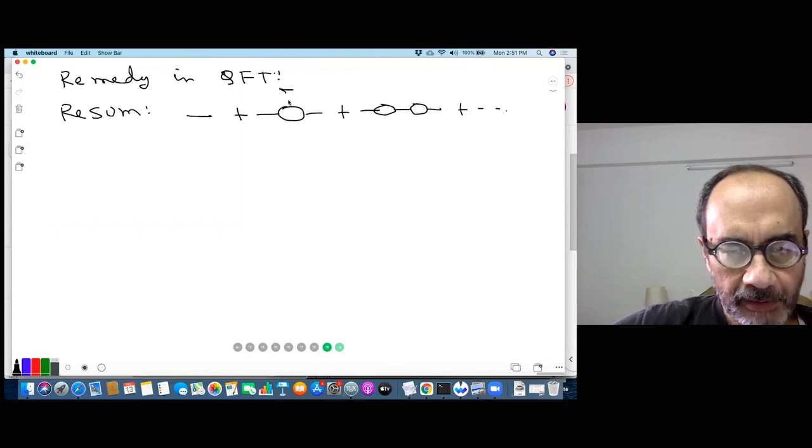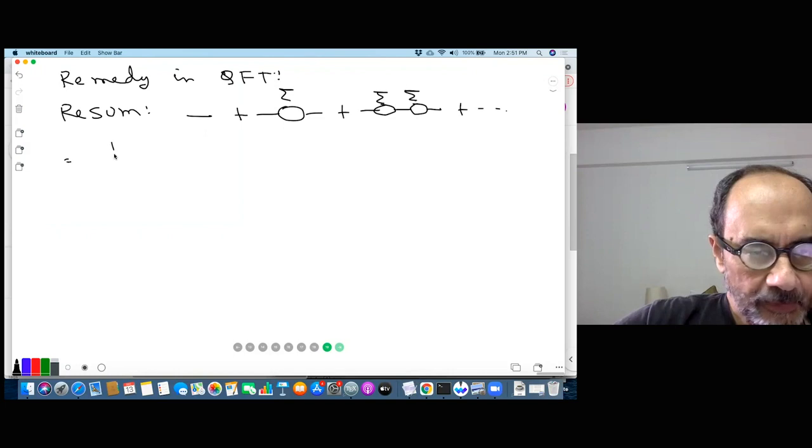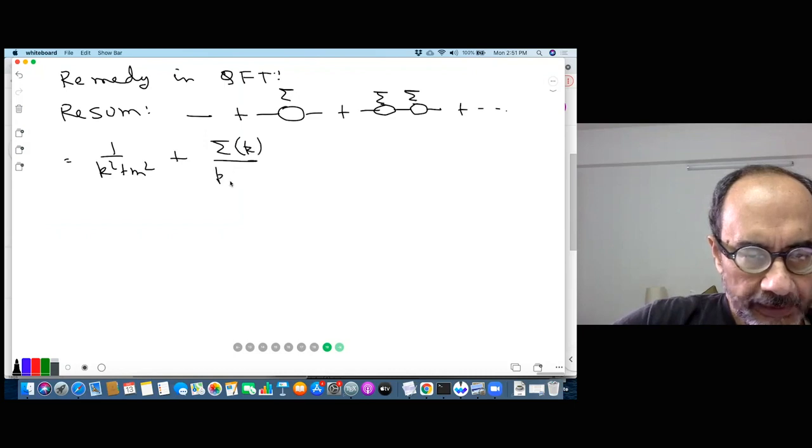If you call this sigma, the 1PI diagrams, this becomes 1 over k^2 plus m^2, plus sigma of k over (k^2 plus m^2) whole squared.